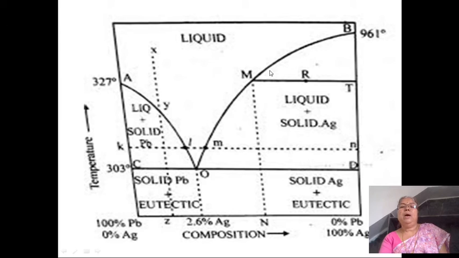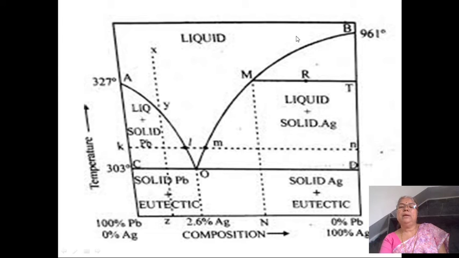Then along this BO curve, this B point is the melting point of silver, and this melting point of silver decreases along the curve BO due to the successive addition of Pb into silver, and along this BO curve, two phases are in equilibrium.